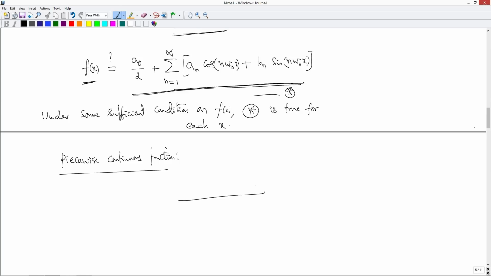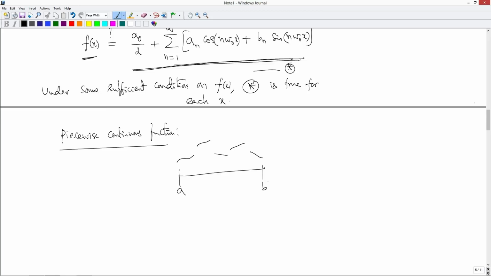If I give you an example, between let us say a to b, a function like this is a piecewise continuous function. It has a finite number of places where you have a discontinuity: a function with a finite number of discontinuities.